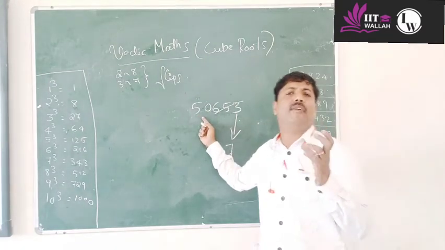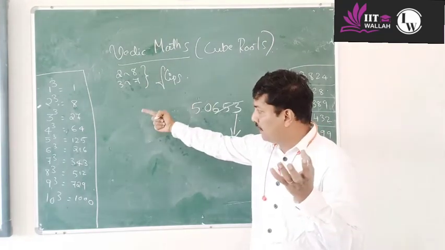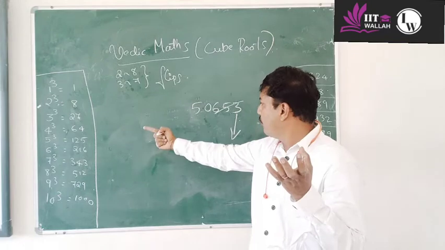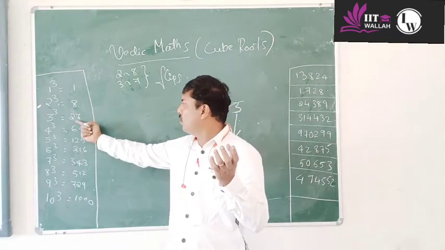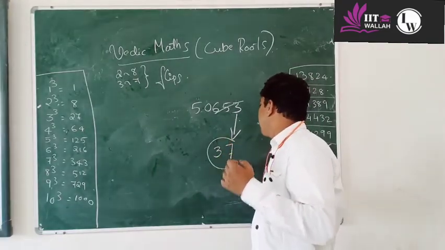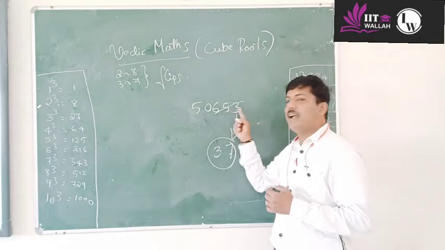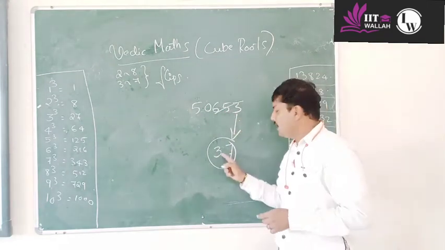Which number is the perfect cube nearby 50? From the table you can see, below 50 it is 27. So the root of 27 is 3. Got it? So the cube root of 50653 is nothing but 37.